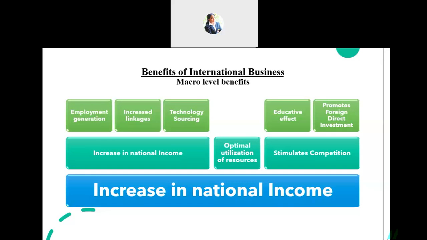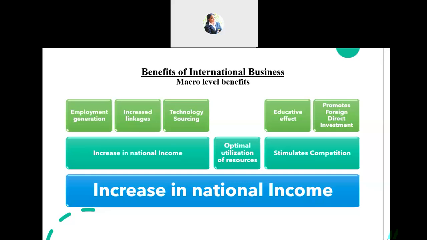Moving forward, the next one is optimum utilization of resources. International business always makes possible the utilization of agricultural resources to the most possible extent, or need not be agriculture, maybe any resource that it is using, to be accessed more and more in the overseas market.